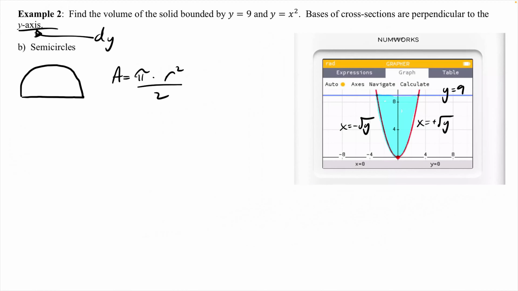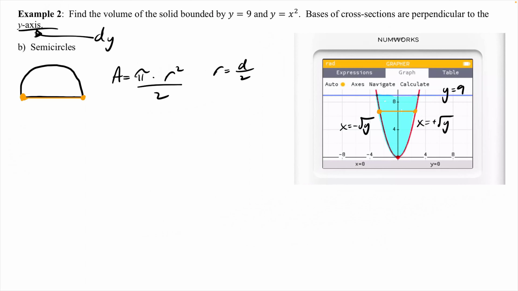That's the formula. But we discovered with semicircles, the length from edge to edge won't be a radius. It's going to be a diameter. But we know that radius equals d divided by 2, right? We already did all that.